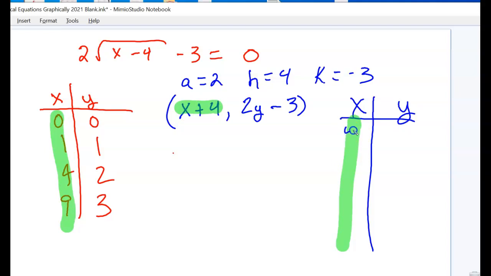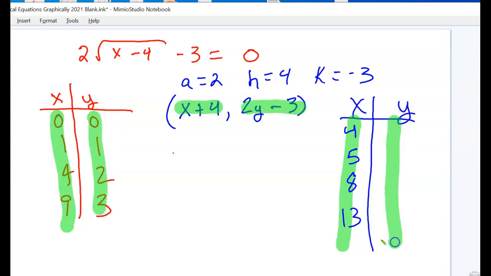So 0 plus 4 is 4, 1 plus 4 is 5, 4 plus 4 is 8, 9 plus 4 is 13. Then I'm going to take my y coordinates, plug them in here, and they become the y coordinates of my new graph. So 0 times 2 minus 3 is minus 3, 1 times 2 minus 3 is minus 1, 2 times 2 minus 3 is 1, and 3 times 2 minus 3 is 3.